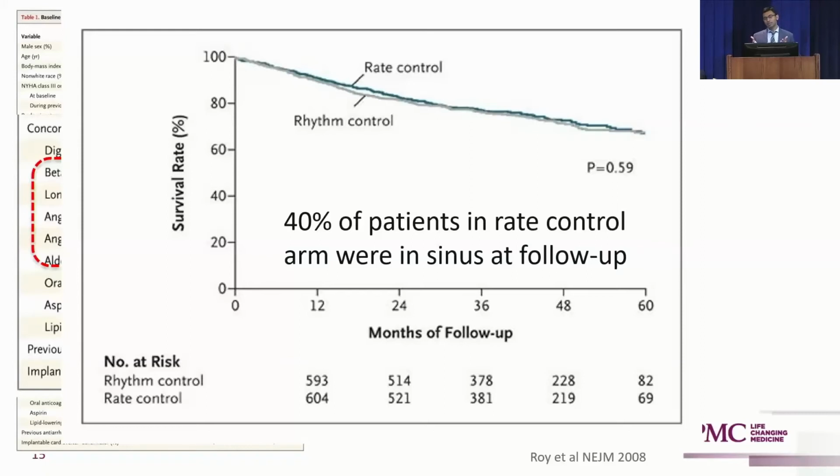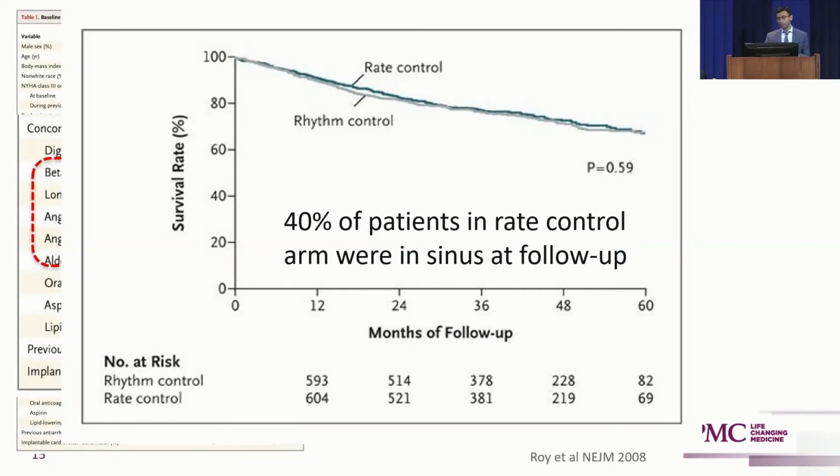So it makes sense that if we bring the patients back to sinus rhythm, all of those problems are reversed and the patients should do better. But here we are with a nice background set by Dr. Huston, that we don't see patients remaining in sinus rhythm after trying antiarrhythmic drugs, as shown by these trials.